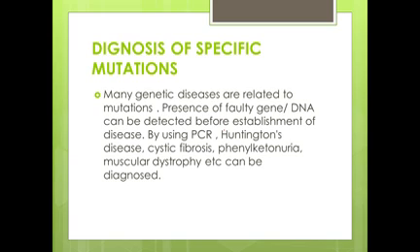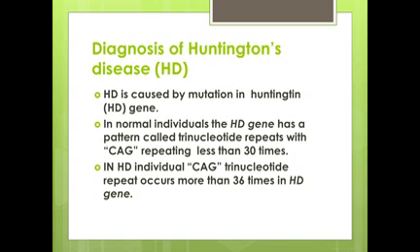There are some diseases like Huntington's disease, cystic fibrosis, phenylketonuria, muscular dystrophy, etc. They can be diagnosed much prior to the establishment of the disease. I will here give one example of such a disease, that is Huntington's disease.